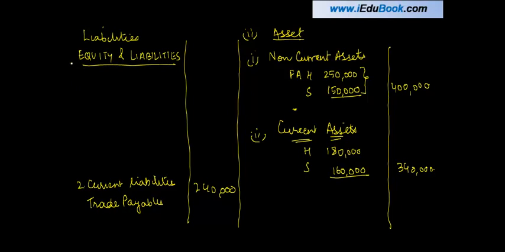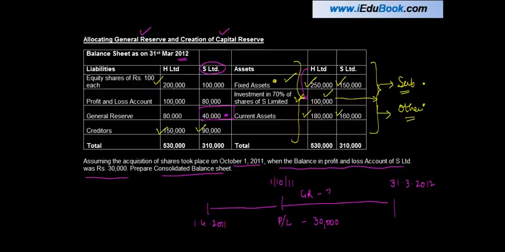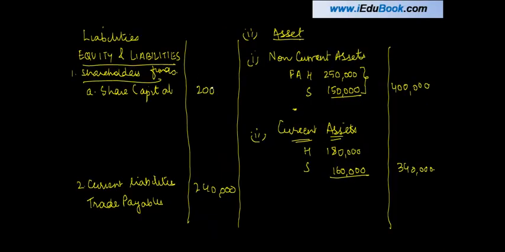Then within this equity and liabilities, first thing you have is shareholders' funds, subclause A, share capital, right? So how much is the share capital? The first share capital will be of H Limited, 2 lakh. In fact, that will be the only share capital which will come here.